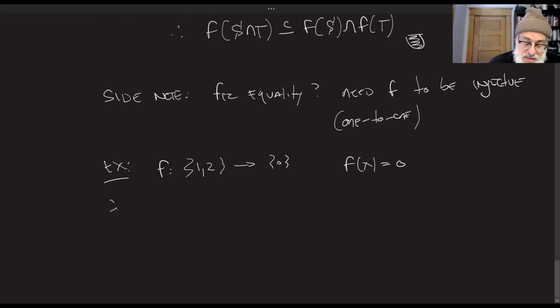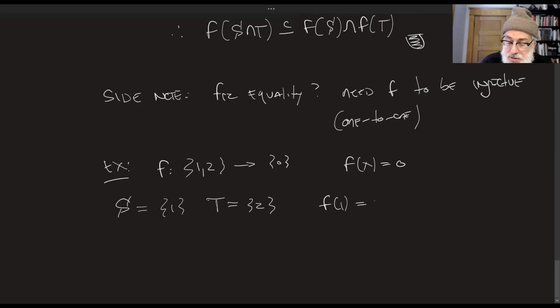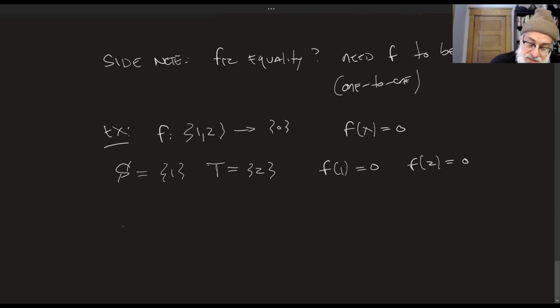So let's say that S is the set that has 1, and T is the set that has 2. So what that means is that f of 1 is equal to 0, and f of 2 is equal to 0. Okay, so what is f of S intersect T?